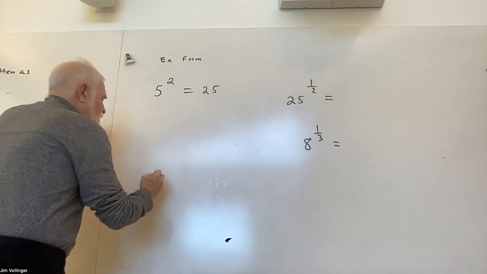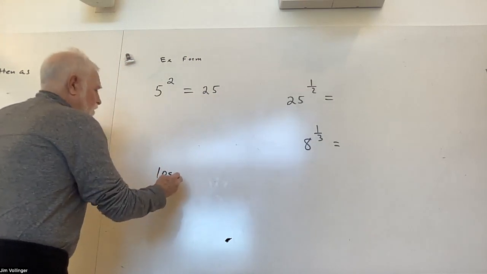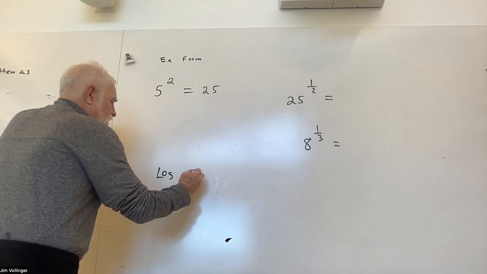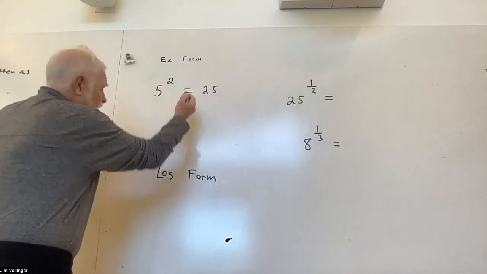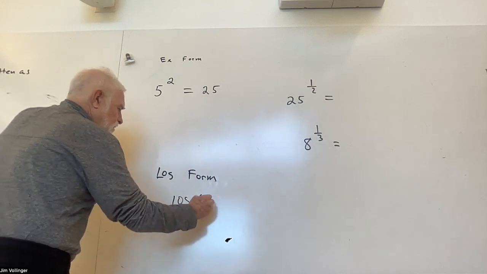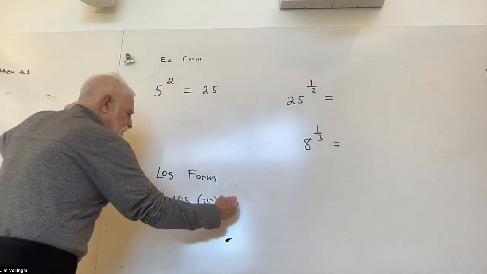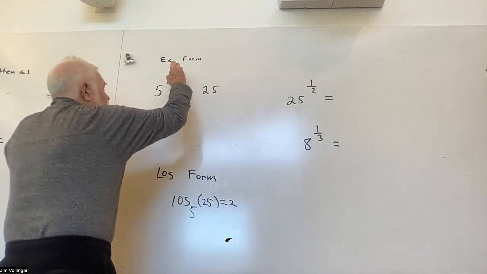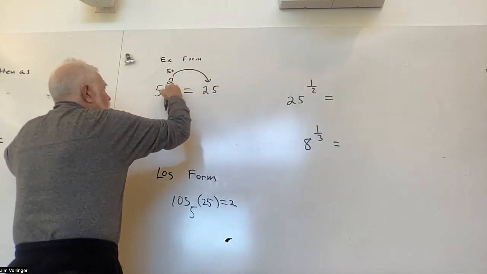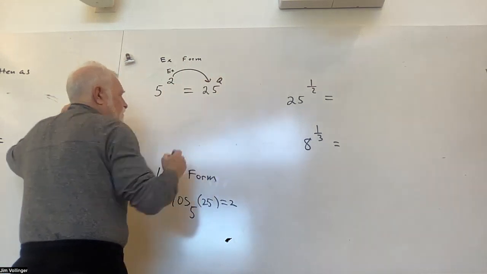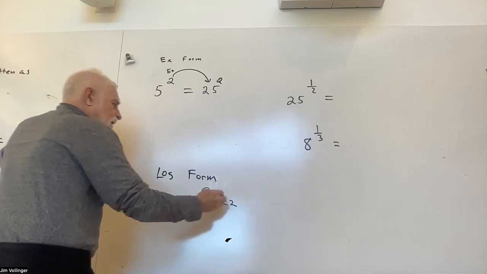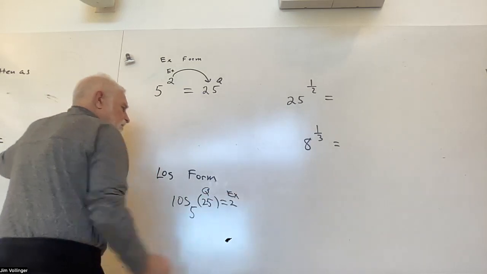And logarithmic form, log form, is the same information, but kind of written in an inverse process. Here we have an exponent of 2 getting quantity of 25. Here, the quantity of 25 gets us the exponent of 2.